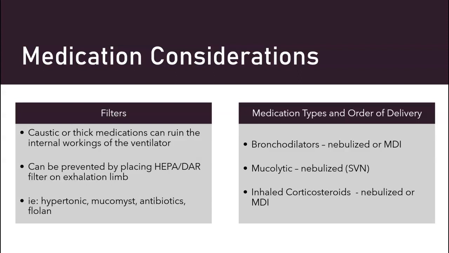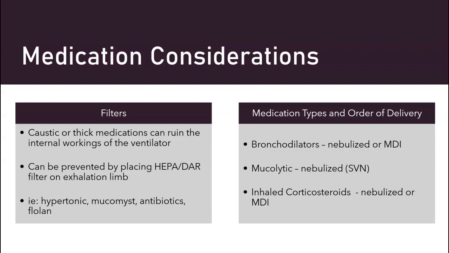Some of these medications might be hypertonic of any percentage, if that is ordered for your patient, mucomist or acetylcysteine, you might also hear that called. Any type of antibiotic, so if you have a cystic fibrosis patient and they order something like tobramycin, these can get into the ventilator and ruin the internal workings.